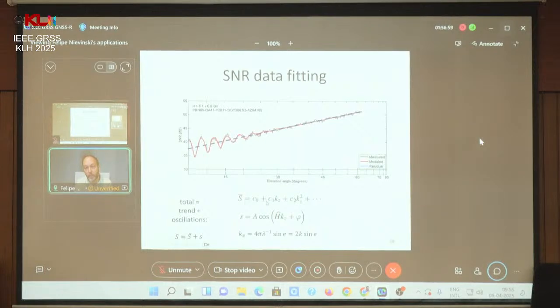The trend is a low order polynomial, here a second order. And then the oscillations will be a cosine function. And if you want to account for the dampening, this amplitude is not a constant, it's also a polynomial.